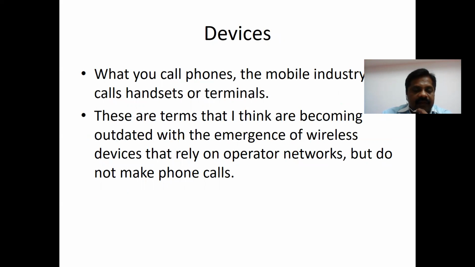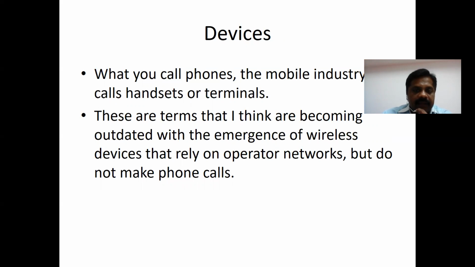Devices. Next one after networks is devices. What you call phones, the mobile industry calls handsets or terminals. Actually, we call them phones, but the mobile industry calls them handsets or terminals.